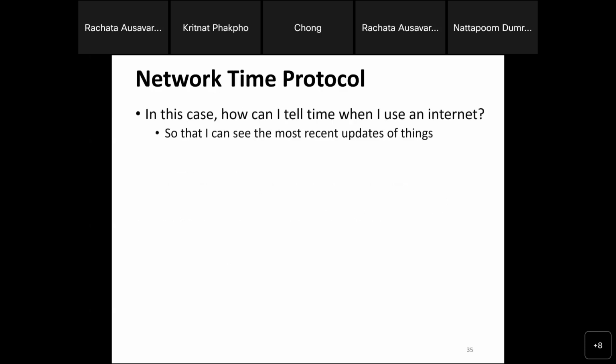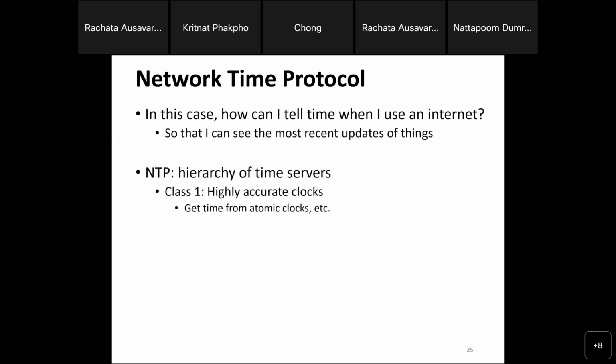Now, the network time protocol, or NTP, the way it works is, I have a hierarchy of servers. Class 1 is those master-slaves that are connected to an atomic clock. These are super accurate. Then class 2 gets the time from the class 1 servers, and the more servers in class 2 the better, because when I have more, hopefully it's a better approximation of the time.